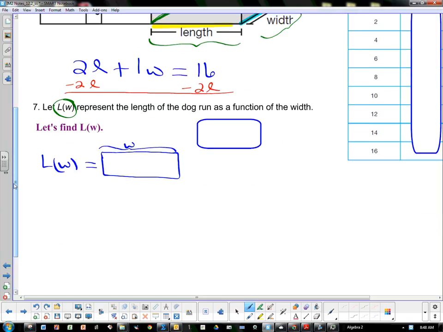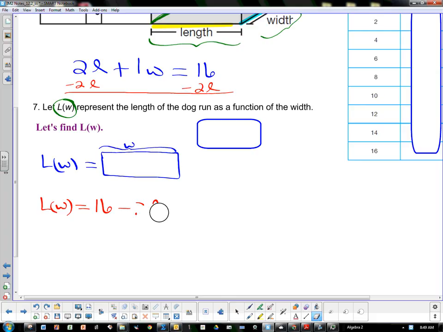We should have L of W now, so the length in terms of W is equal to 16 minus 2L. Oh, yeah. No, wait, not 16 minus 2L. We have, it's going to be W. Wait. Okay, what did we just do wrong? We did everything just wrong just now. We got W alone. What did we want to get alone? Okay, you can laugh at me in the recording after.